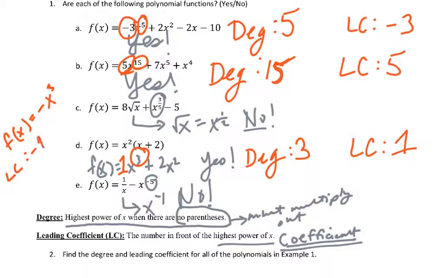So just keep that in mind. The degree on that polynomial is 3. Okay, so just keep in mind what our coefficients are and what we assume them to be if there's not an actual written coefficient there.